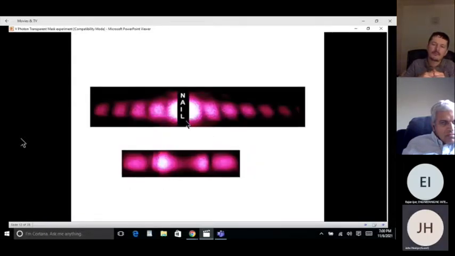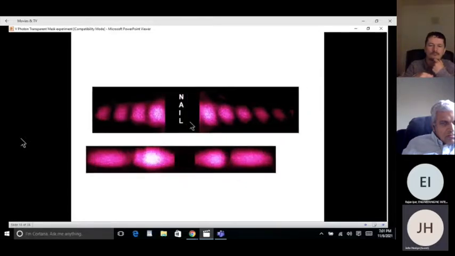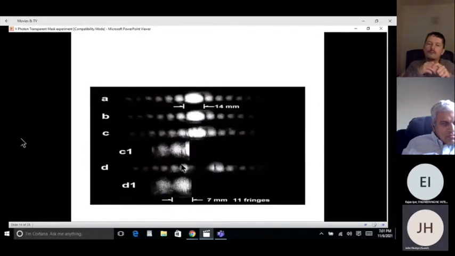The trick is we don't place the nail such that there's light from both sides of the nail, because then you would get diffraction patterns behind the nail. Instead, we place the nail so that the edge of the nail appears to be at the minima of the first slit diffraction pattern. Then we get no light behind the nail.